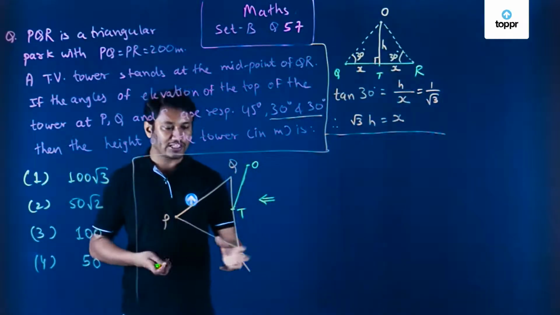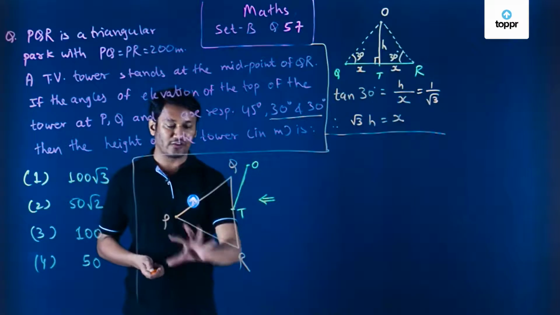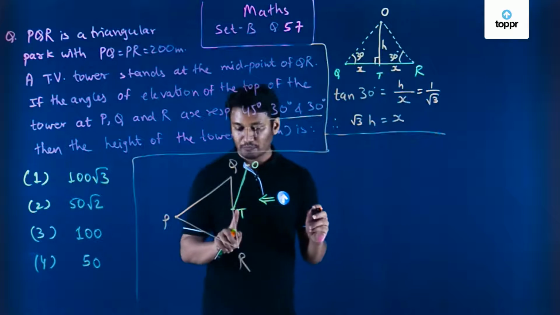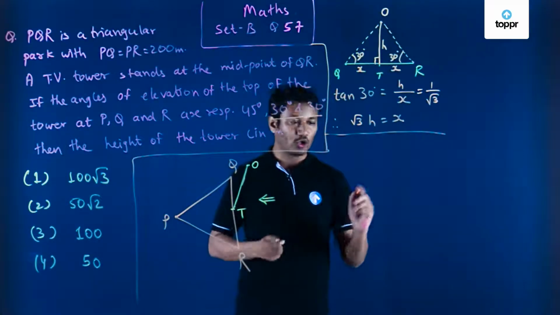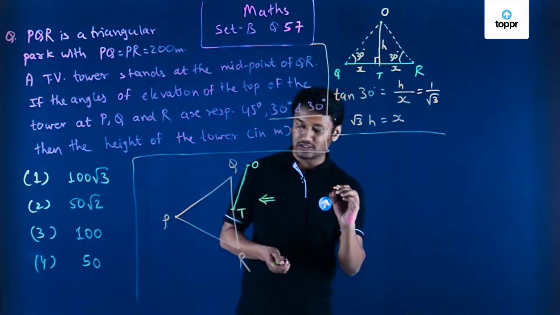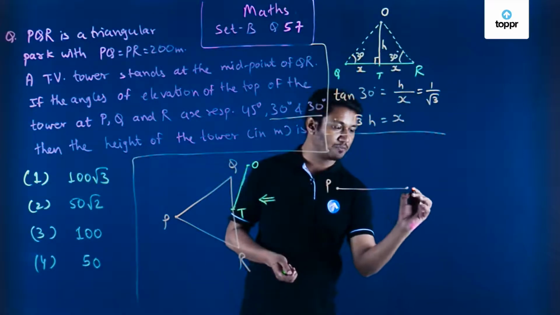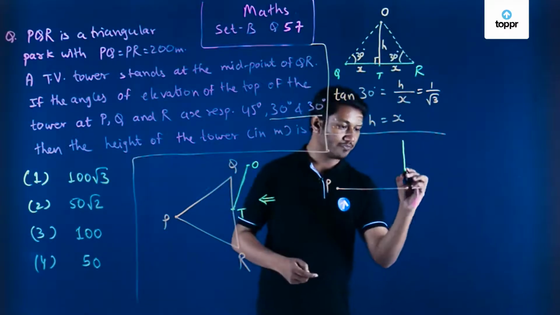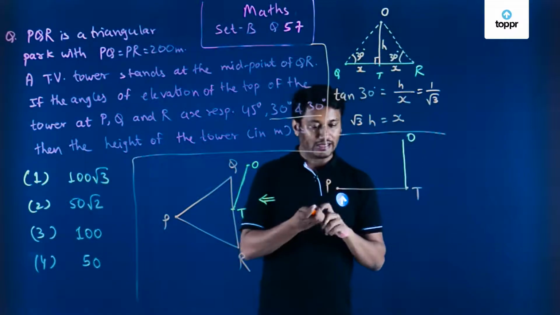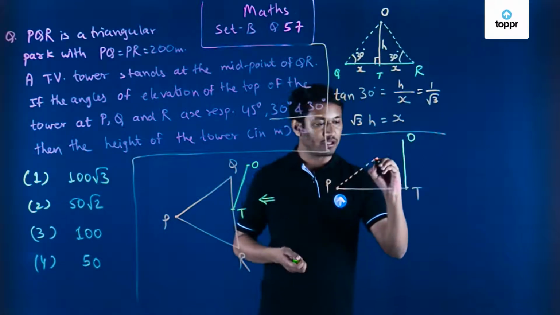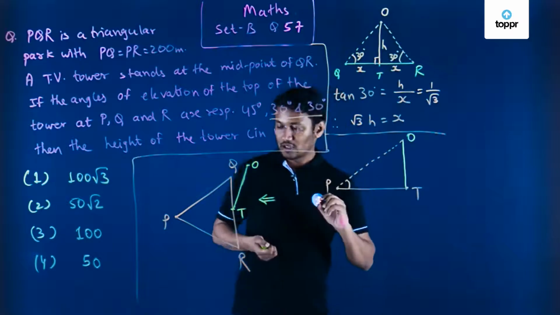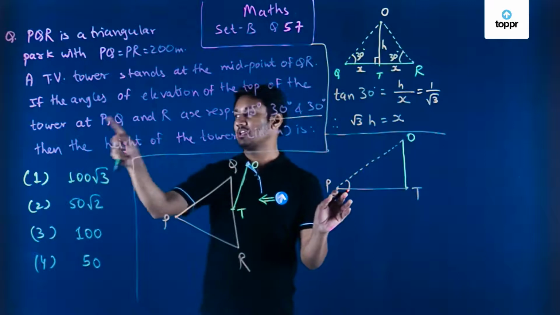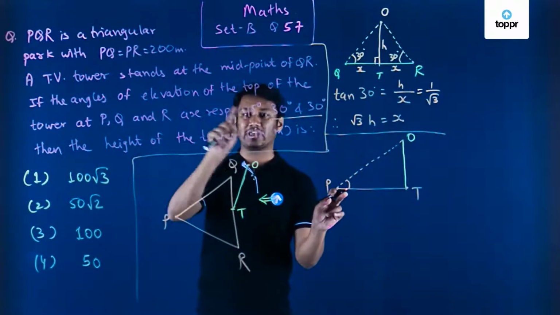To find out value of X, we will consider one more right angle triangle from this whole structure. So what I am going to consider now is point P, point T and point O. So let me draw this here. So let's say this is point P. I will connect point P with point T. There is a tower standing right at point T. The top of the tower is O, and I will connect points O and P. So I know this angle. This angle will be how much? So the question says the top of the tower is making an angle at point P of 45 degree.